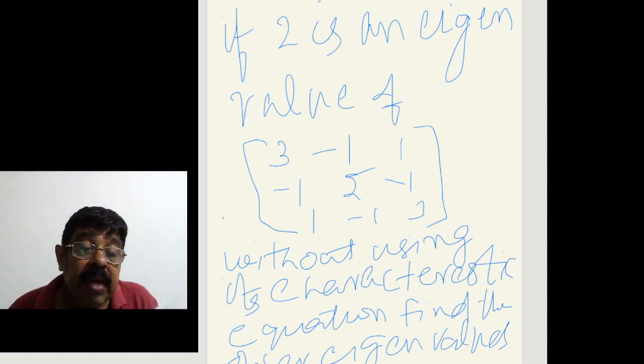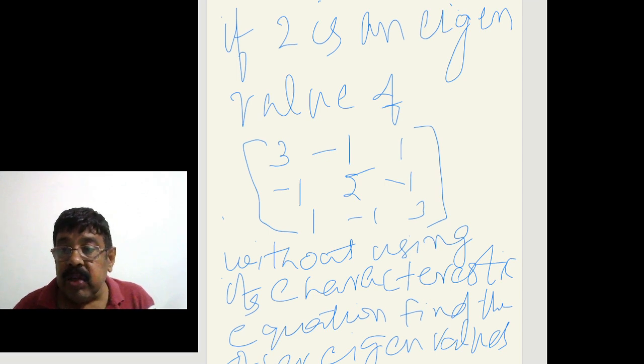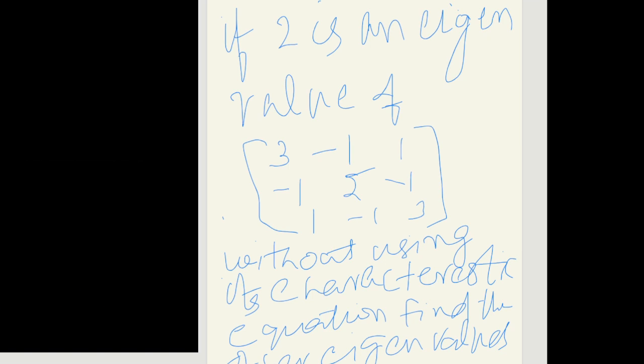So we are given one eigenvalue of a matrix, and we want to find the other eigenvalues without using the characteristic equation. The method is simple.